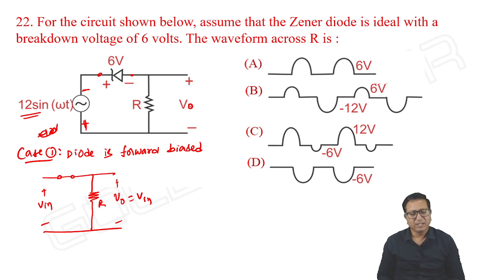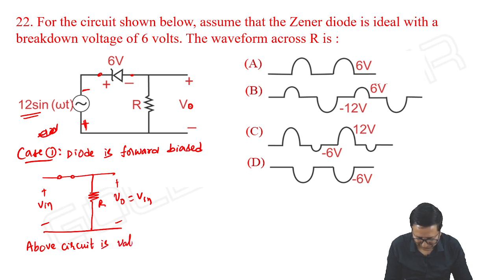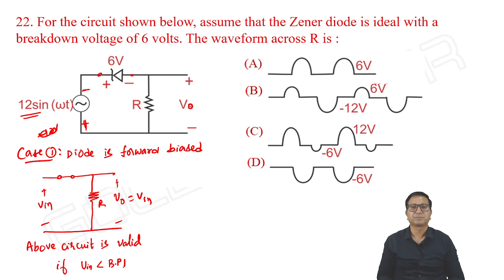Or instead of saying the input is negative, what I can say is less than breakpoint. The above circuit is valid if V input is less than breakpoint 1. Keep it aside.